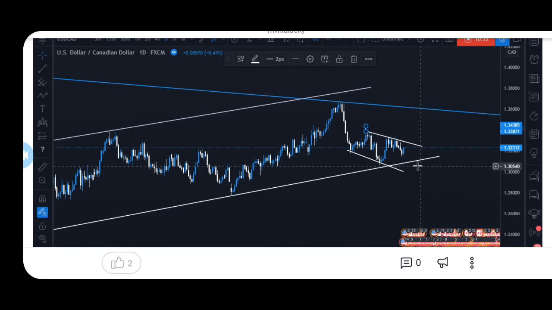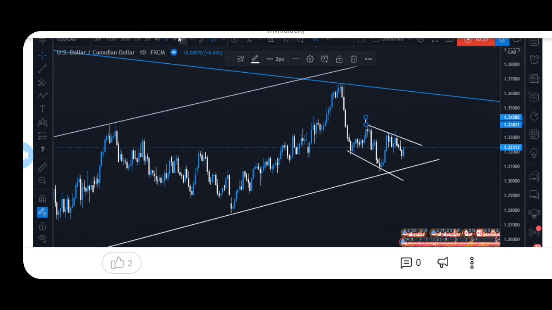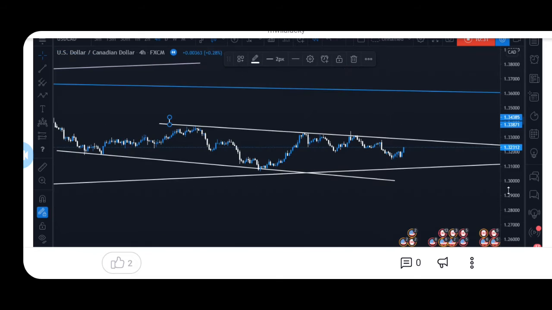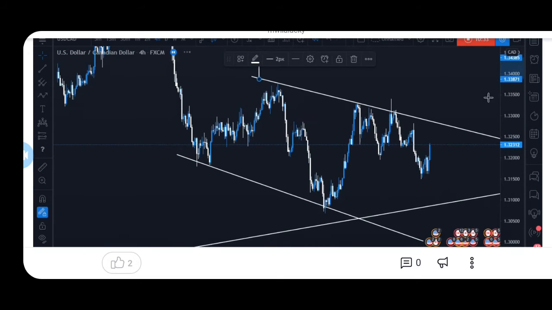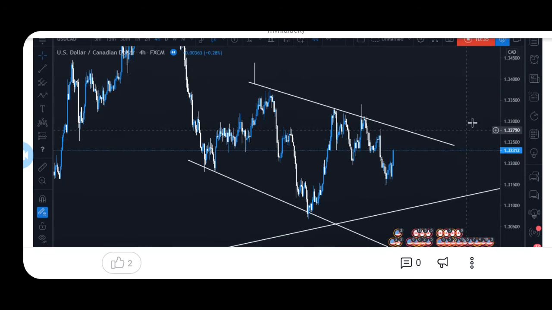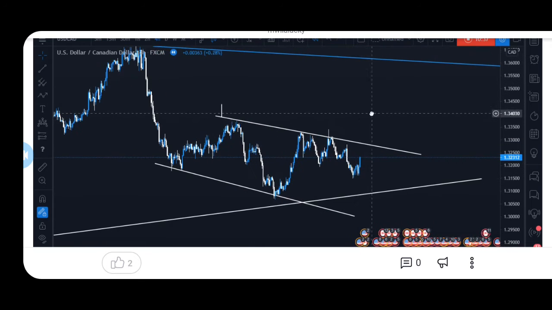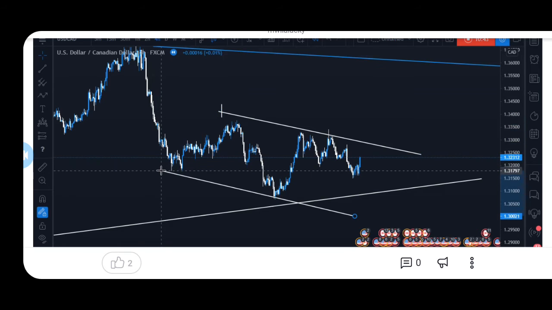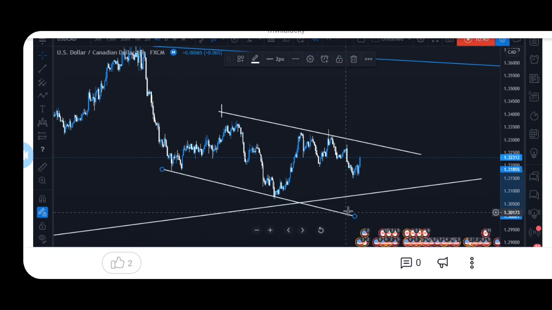Okay, guys. So already we can see we closed bullish on the daily time frame. If we go to the 4-hour time frame now, you would see how clear this pattern is, guys. Look how beautiful this looks on the 4-hour time frame, and then we can just adjust our lines.